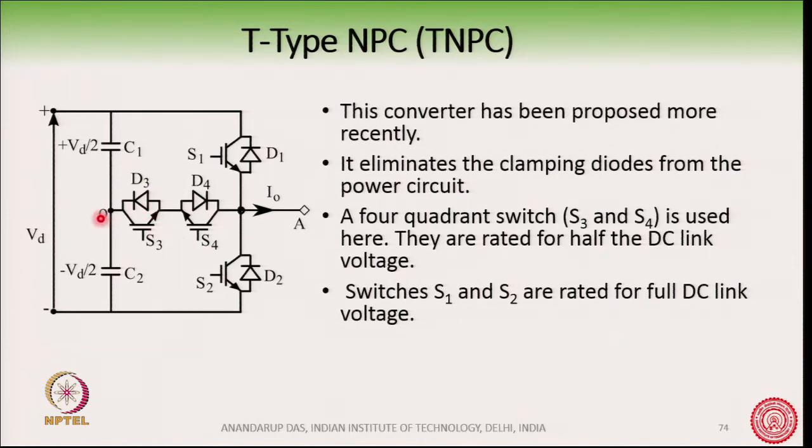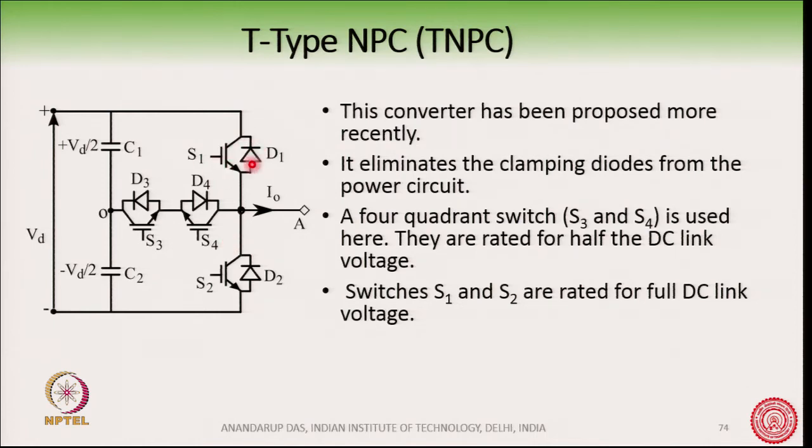You can see that if S3 and D4 are conducting, the current will flow like this. If S4 and D3 are conducting, current will flow like here. So, this switch is a bidirectional current switch. It can also block bidirectional voltage.